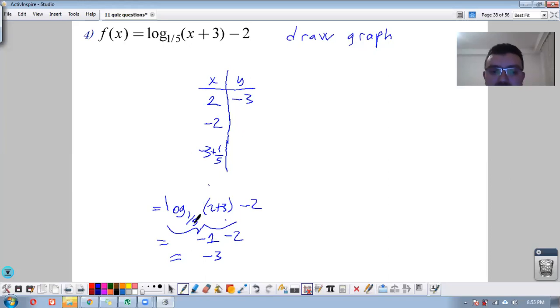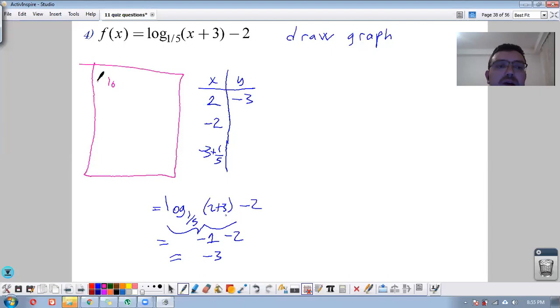To make this thinking process faster, I told you to create another basic logarithm, which is y equals log base 1 over 5 of x. And I told you to write x and y numbers. So firstly, same with the base, 1 over 5. Then number 1. Then inverse of the base.